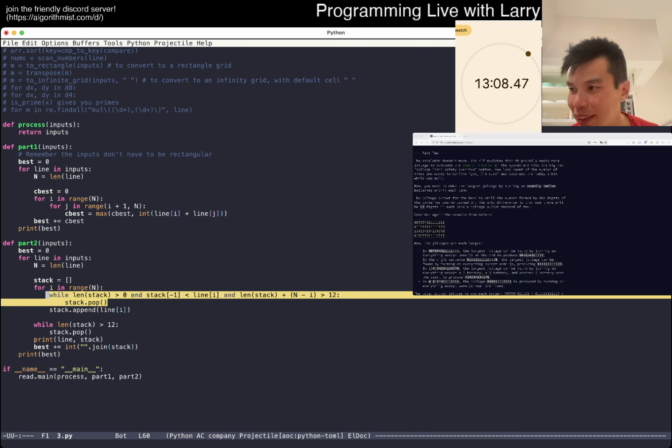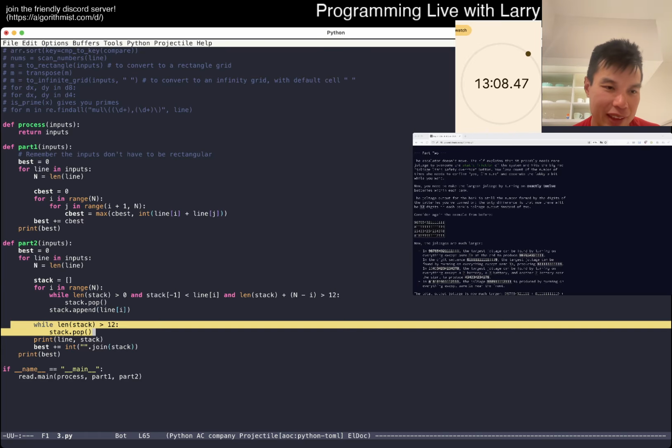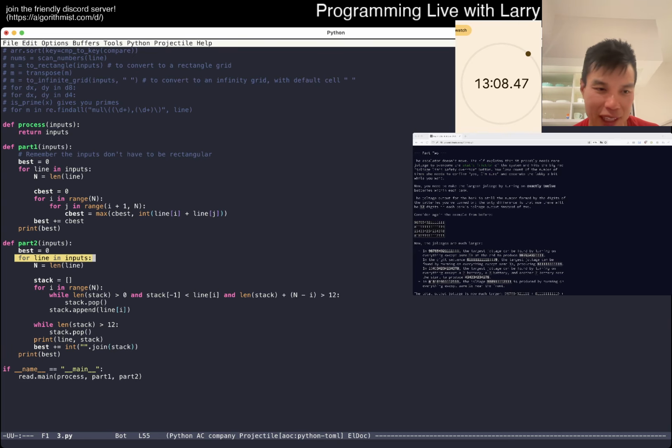Well, it's constant amortized, but linear in total. So linear plus linear is how you get here. And this is also linear inside, so all these for loops, but it's still linear. And that's what I have with this one.